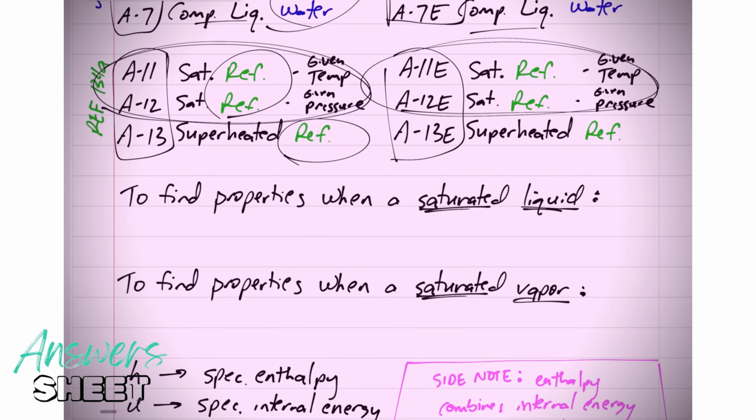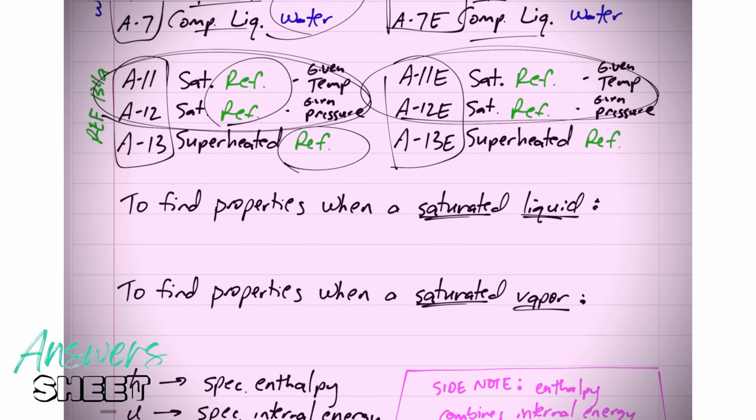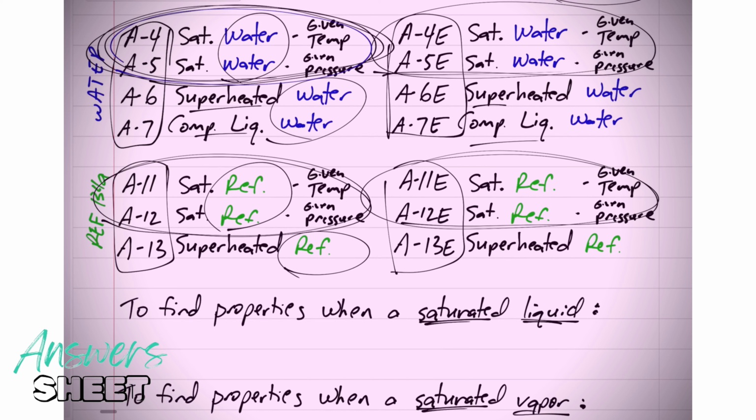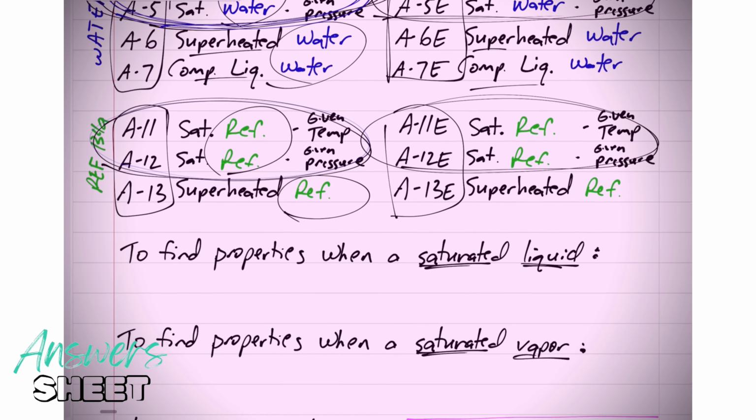Let's start with points 2 and 4, a saturated liquid and a saturated vapor. To find the properties of a saturated liquid or a saturated vapor, I would go to the saturation tables 4 and 5 or 11 and 12.